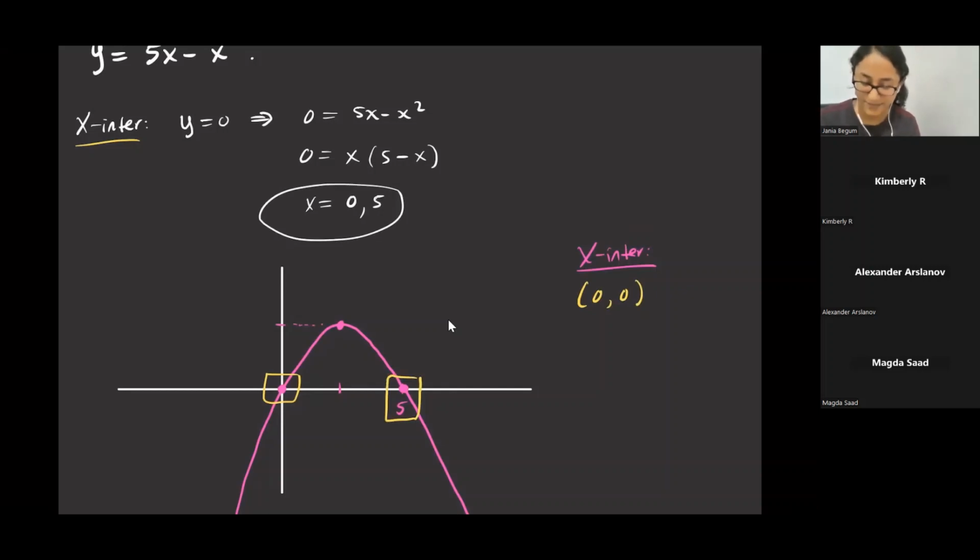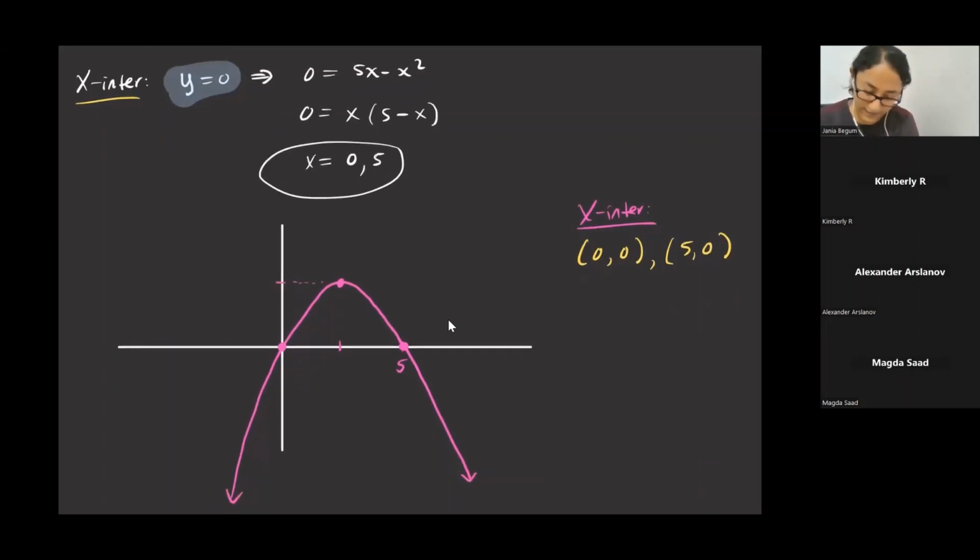For an x-intercept, y is 0. The x coordinate is 5, the y coordinate is 0. So that's this point. It's not 0, 5, it's 5, 0, because your x coordinate is 5 and the y coordinate is 0. That's how you solve for it, right? Yes.